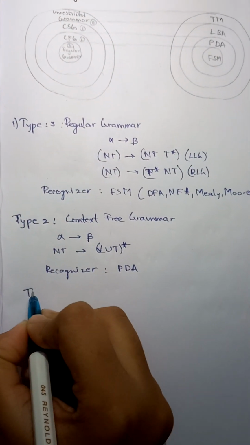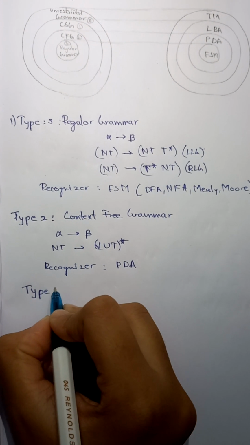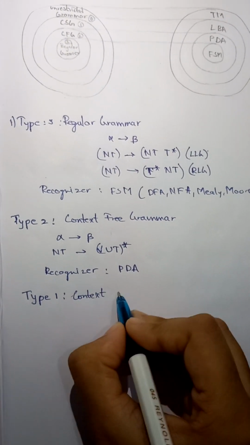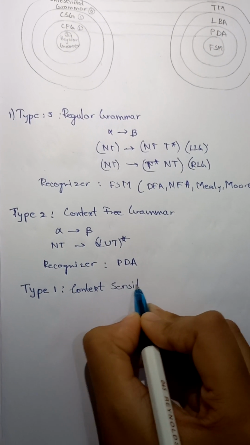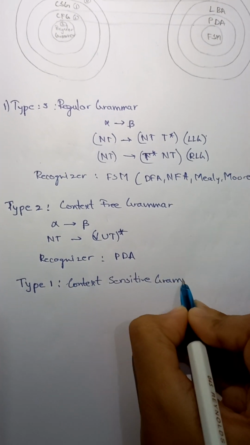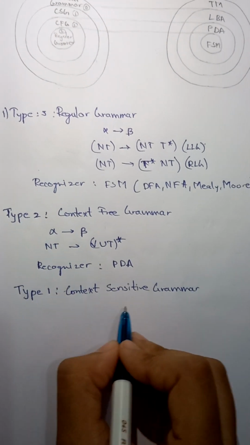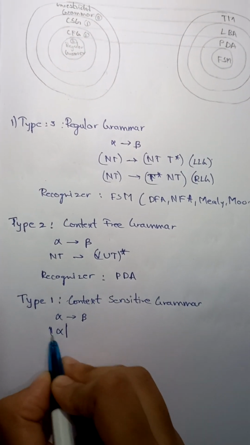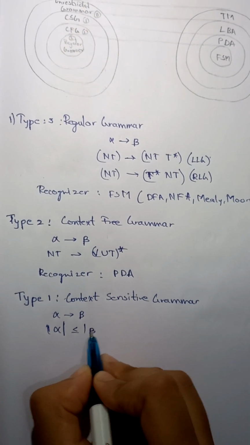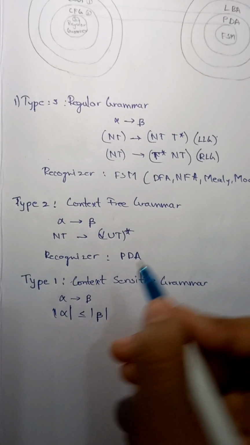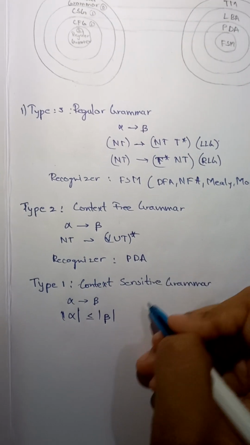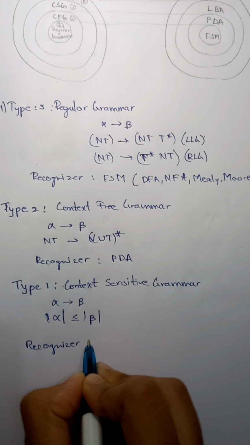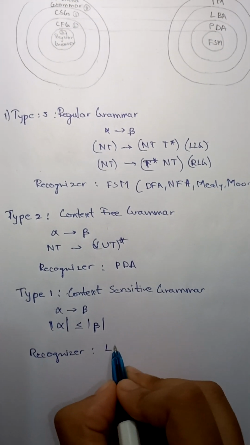The next one, type 1 grammar, is context sensitive grammar. For context sensitive grammar, the production rules are of the form alpha tends to beta, where the length of alpha is less than or equal to the length of beta. All the context free grammars are also context sensitive grammars, and the recognizer for context sensitive grammar is linear bounded automata.